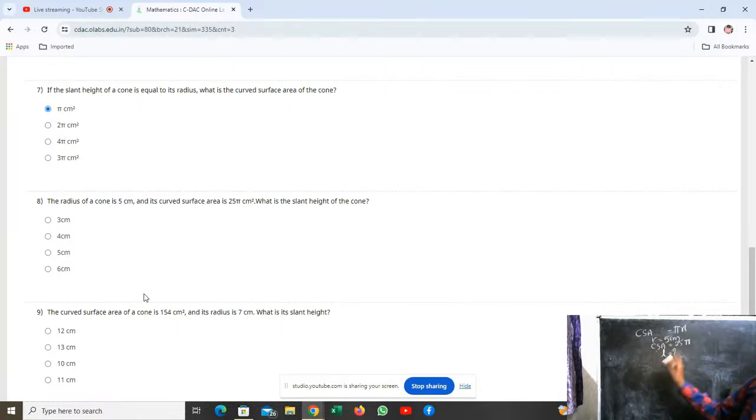CSA is 25 pi, that means pi R L is equal to 25 pi. Both pi get cancelled. The radius is 5 centimeters, L is equal to 25 by 5, which equals 5 centimeters. So the slant height will be 5 centimeters.